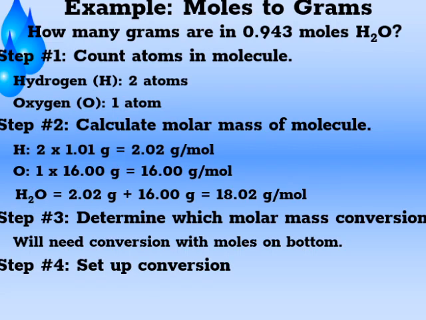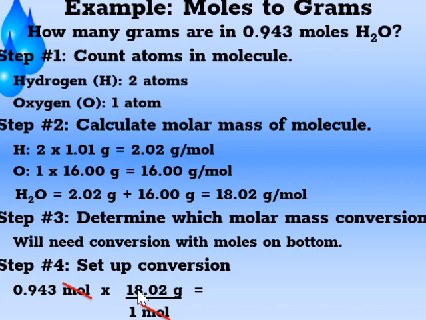And then step 4, we're going to set up our conversion. So we started with 0.943 moles. We're going to put moles on the bottom, and then we put 18.02 with the grams. Remember, when you're doing these molar masses, the number that you calculate always stays with the grams. That means moles can cancel to leave us just in grams, which is what we want.